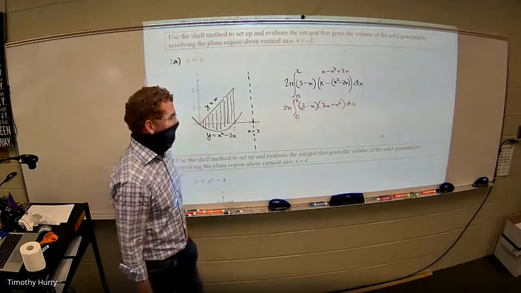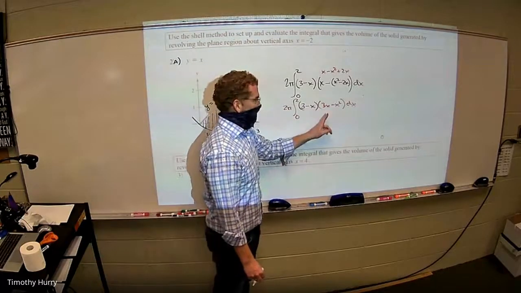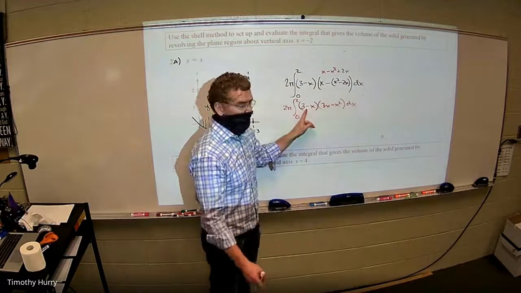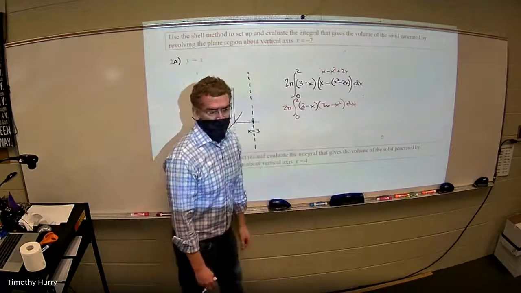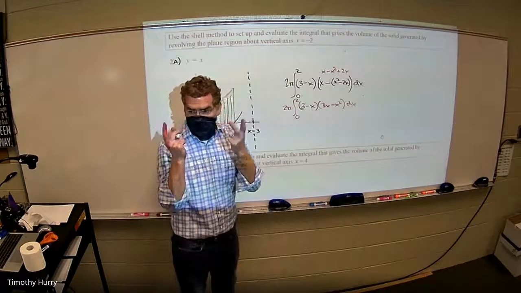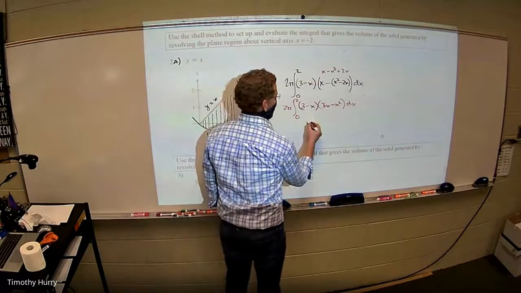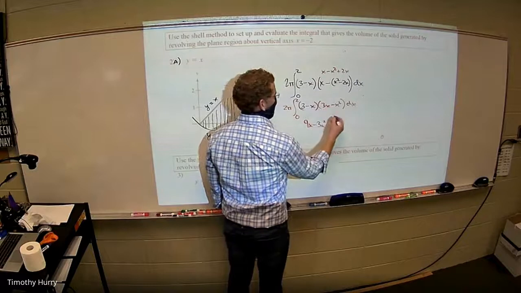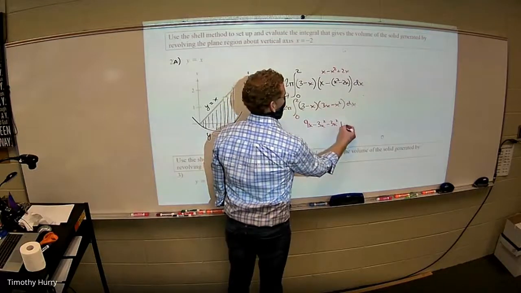I'd FOIL it out, because if I call that u, I'm going to end up with 3 minus 2x, and I don't have a 3 minus 2x. It's close, but I have a 3 minus x. So doing a u substitution is not going to work great for me here, but I could certainly FOIL it and get 9x minus 3x squared minus another 3x squared plus an x cubed.